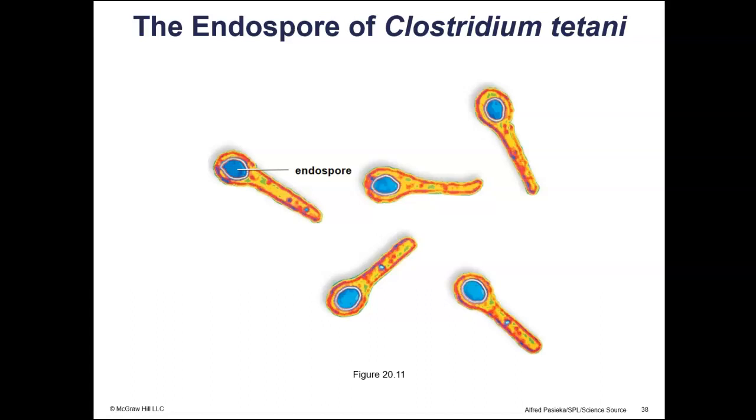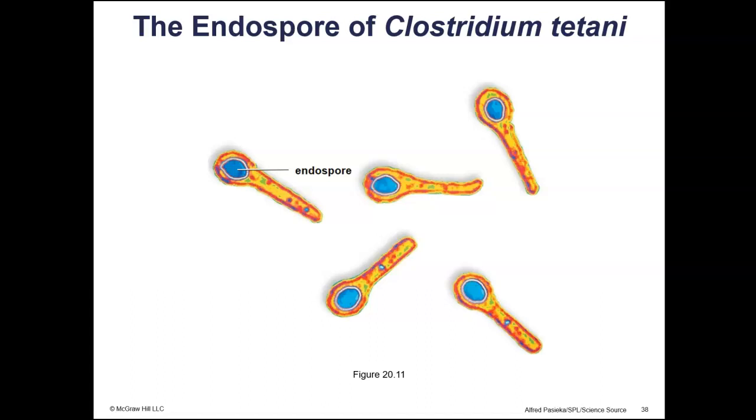All right, these are illustrations of the Clostridium tetani bacterium that causes tetanus, and they are bacillus shaped or rod shaped, but they form endospores, which enables them to survive very harsh conditions such as even temperatures such as boiling.